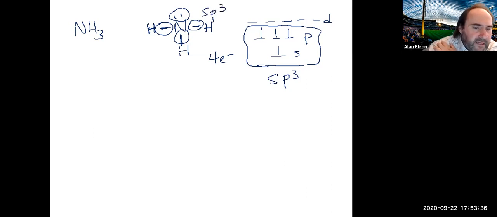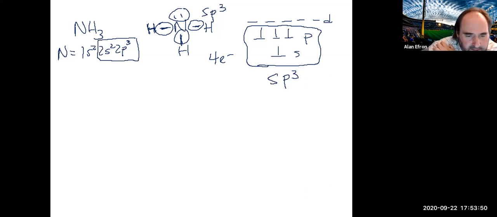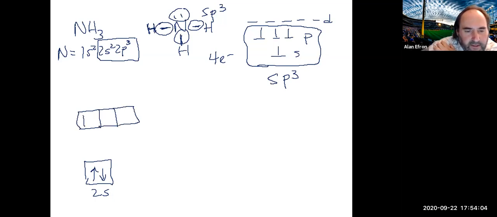And if we look at nitrogen, which is 7, 1s2, 2s2, 2p3, these are the 5 valence electrons in nitrogen. So if we do our little orientation here like we were doing, we have our 2s, which has a couple of electrons. We have our 2p, which has 1 electron, 2 electrons, and 3 electrons happening. And again, this is nitrogen down here.